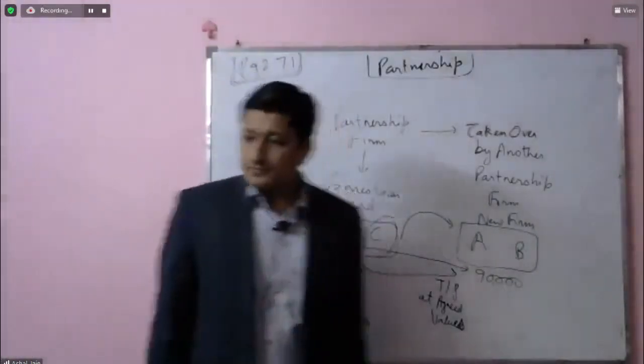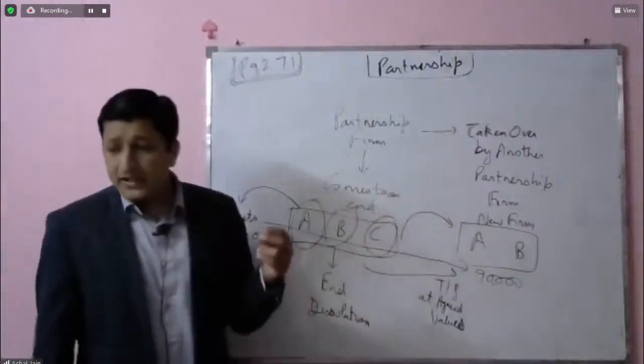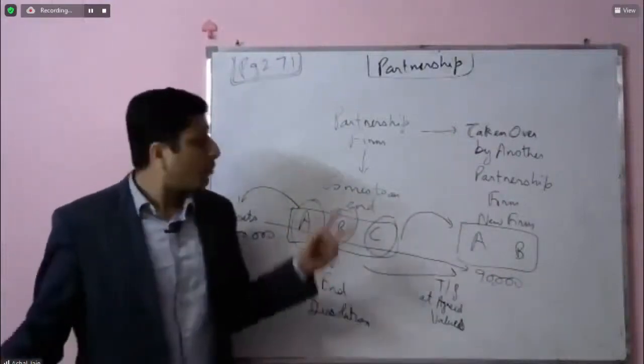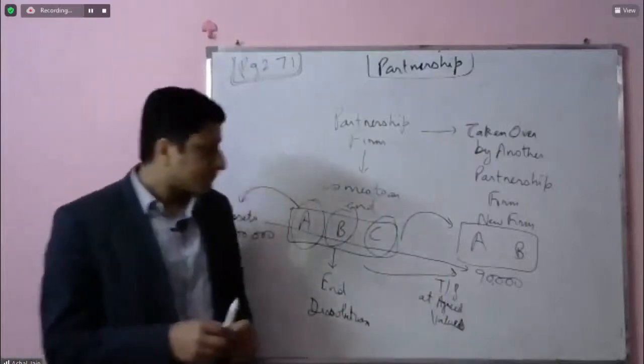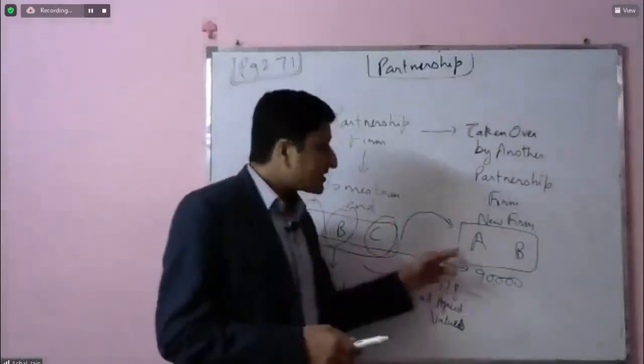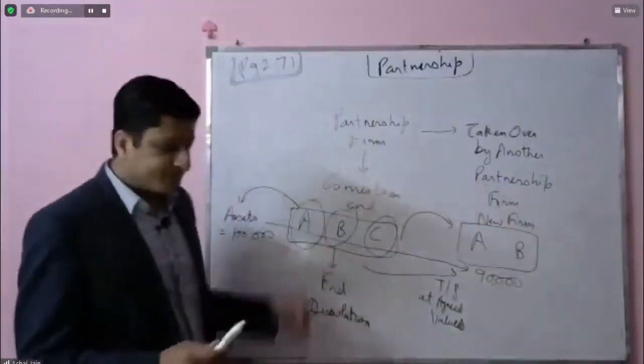Nandishwaram is asking, sir, have the same partners A and B taken over the old firm, or is it that another firm has taken over? See, it's the same partners A and B which are taking over this old firm.